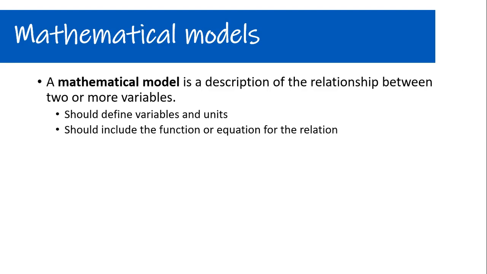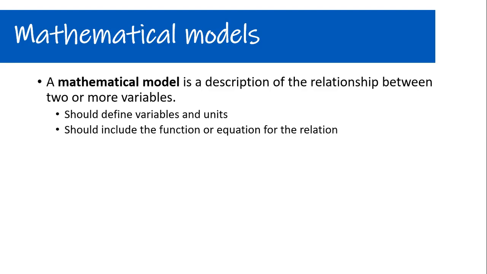Closely related to functions are mathematical models. A mathematical model is a description of a relationship between two or more variables. You need to make sure you define your variables and the units, and it should include the function or equation for the relation. In our class, or at least at this point in our class, you should imagine that almost all of this is going to be a function, right?